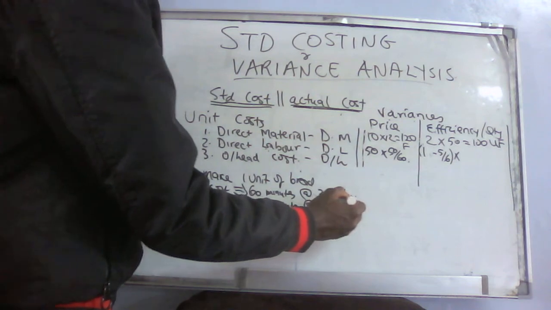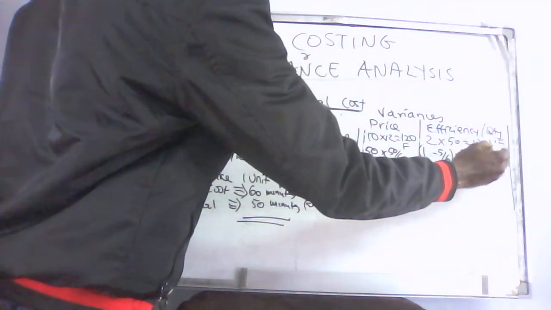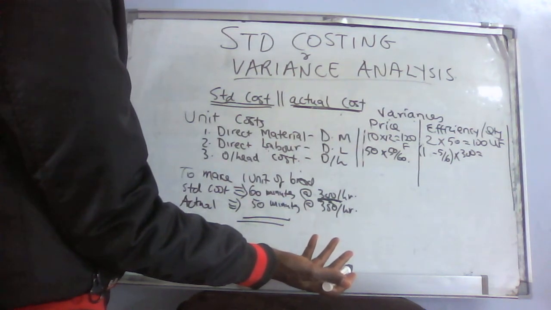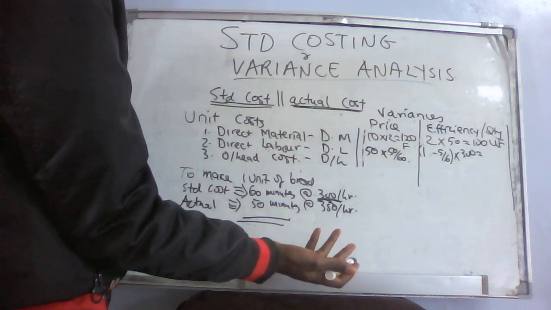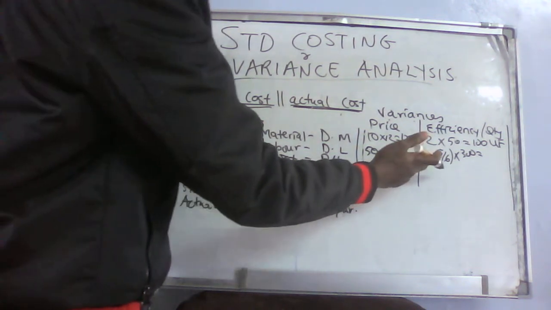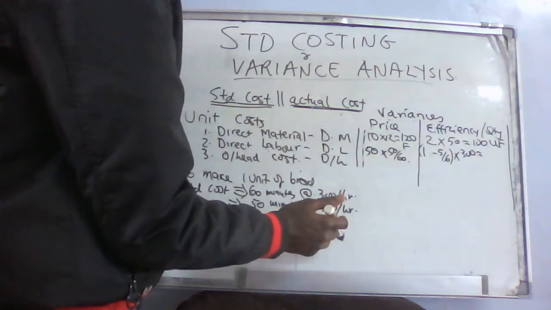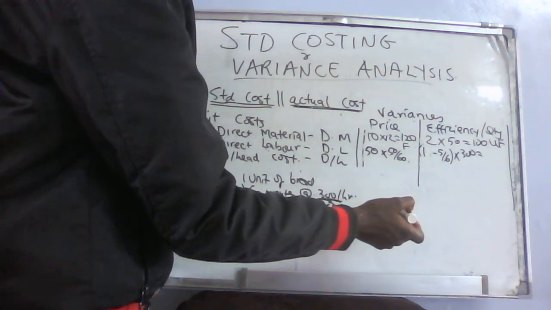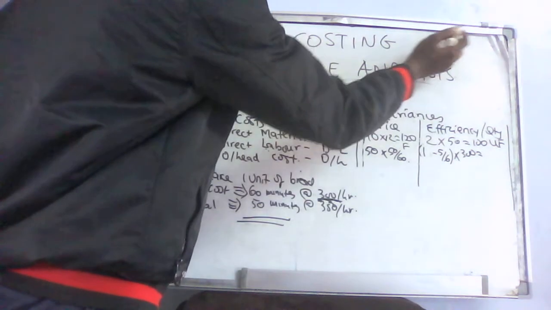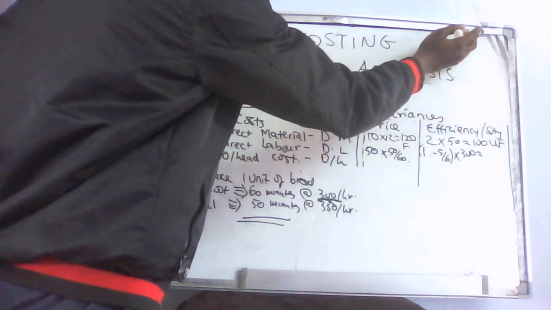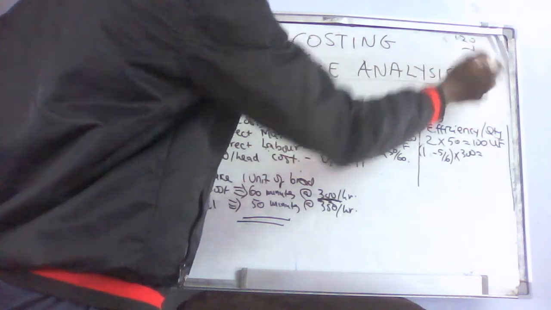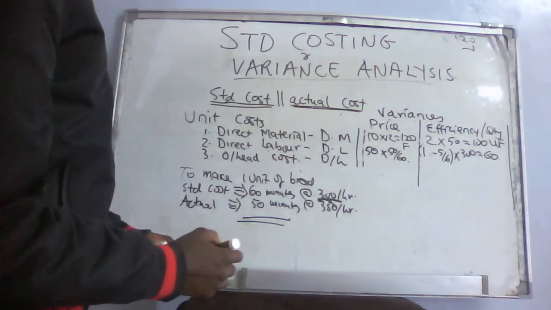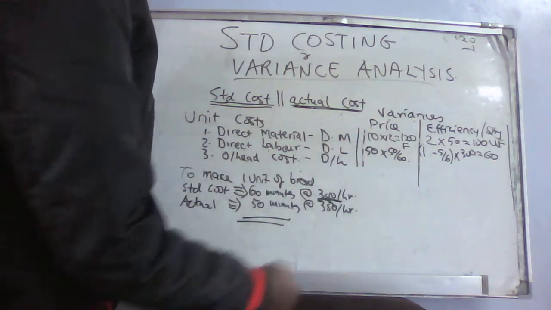Let me say 5/6 is about 0.8, so 1 minus 0.8 is 0.2. 0.2 times 300 is 60. Maybe my math may not be right, but I'm just giving you the concept.